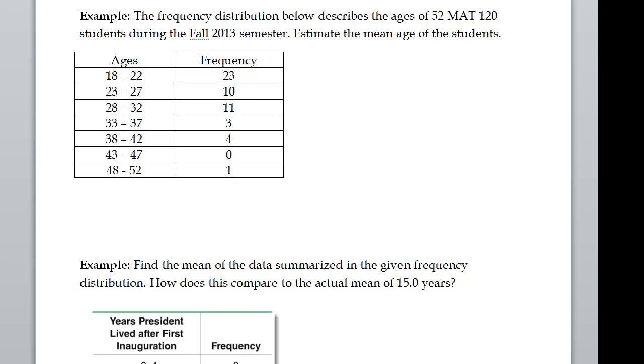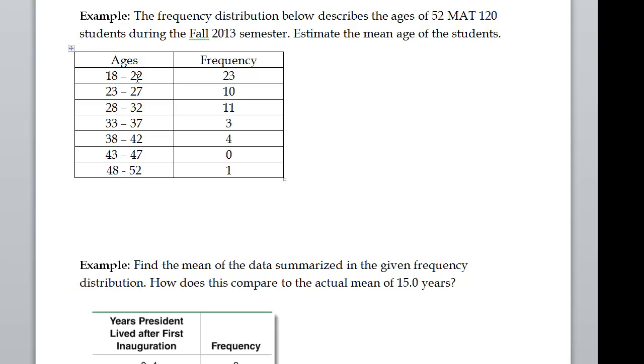Just as a review, one of the things we talk about with our frequency distribution is the class width. Looking at this frequency distribution, what's the class width? The class width, by definition, is the difference between consecutive lower class limits. Quick review, these are the lower class limits, the smallest values that can be included in that class.